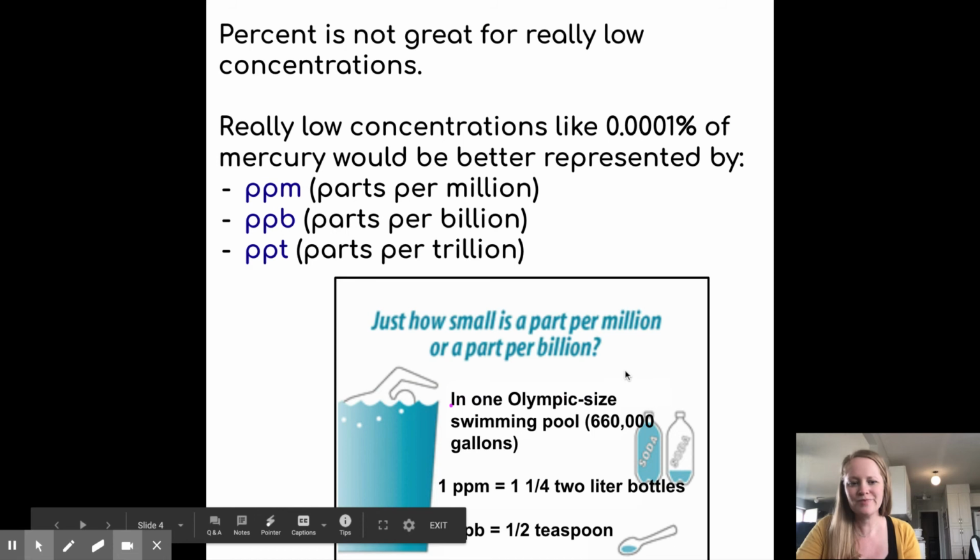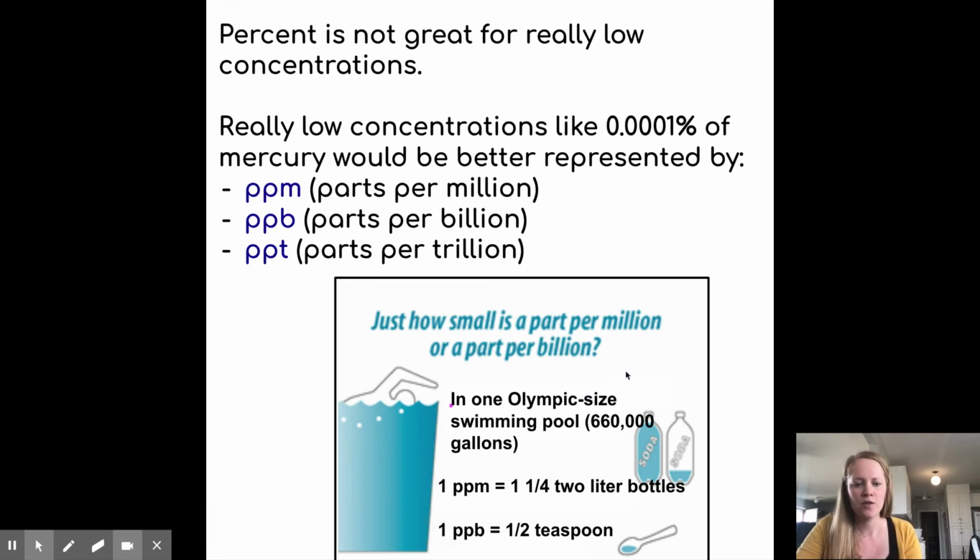So, unfortunately, percentage isn't always great for low concentrations, and that is what we end up dealing with in regards to chemicals that show up in our environment, like mercury and nitrates, and even the percentage or concentration of carbon dioxide in the air.